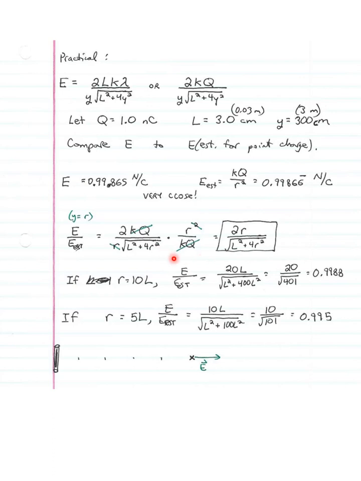That's divided by kq over r squared, but I'm multiplying and flipping it. When we simplify, the kq's divide out and a power of r divides out, and we get 2r over the square root of L squared plus 4r squared.